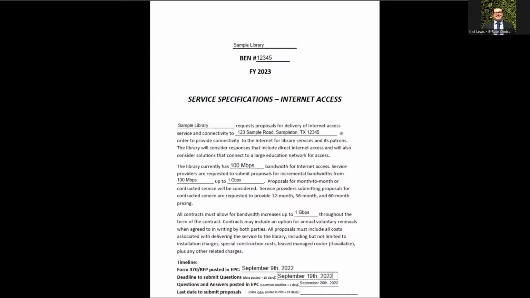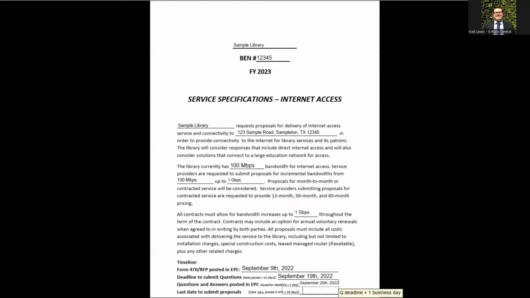Finally, in the timeline, we have the last day to submit proposals. And essentially this creates a deadline by which service providers must submit a proposal. We recommend adding 28 days to the date that the Q&A document was posted in EPC.